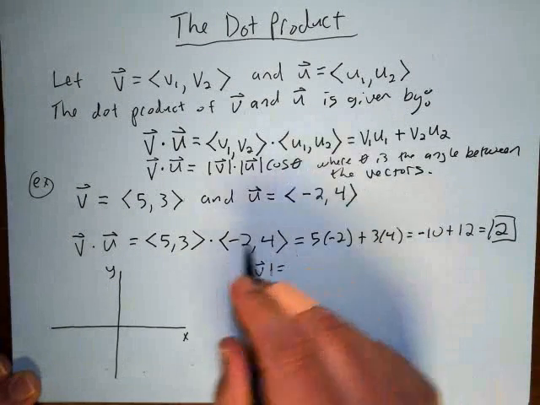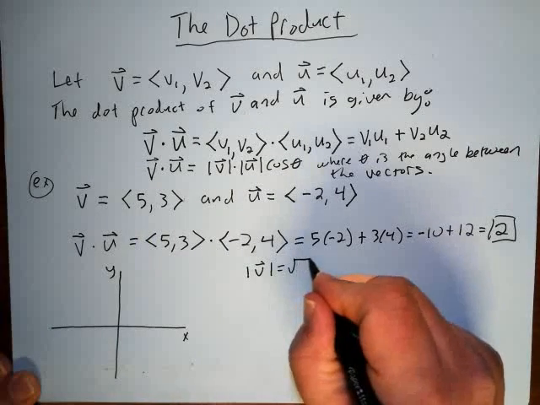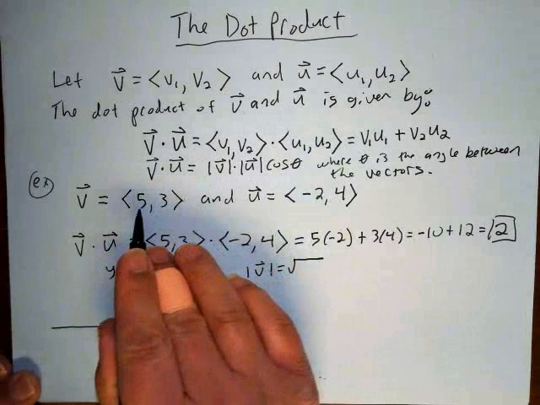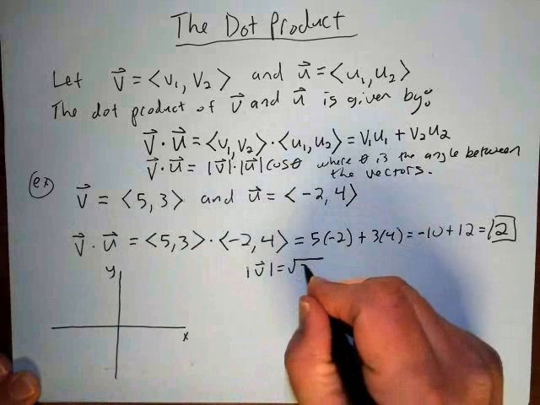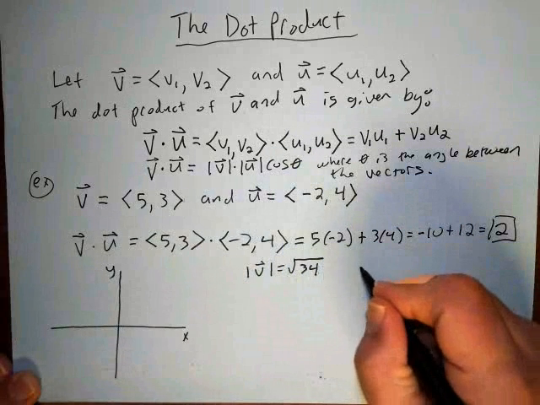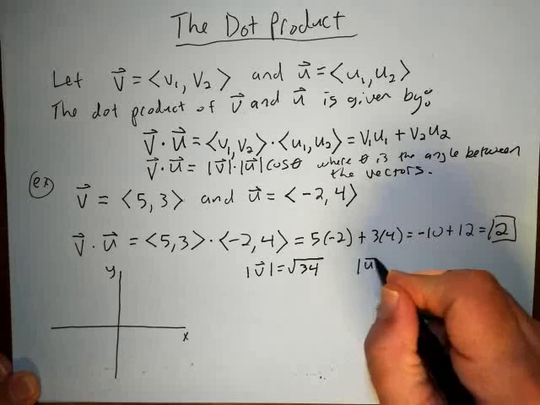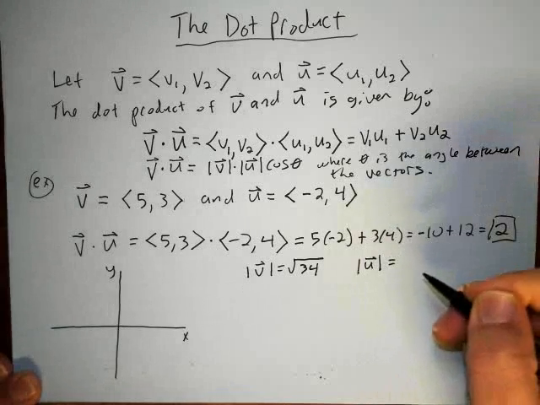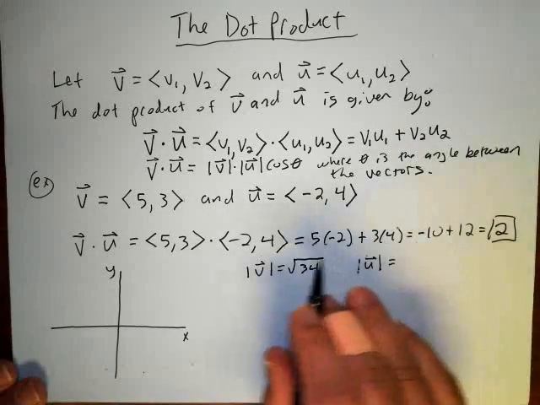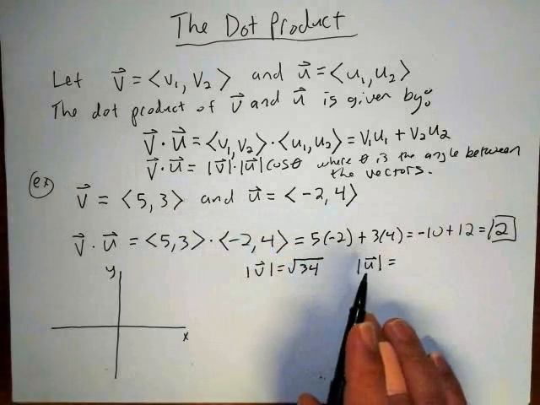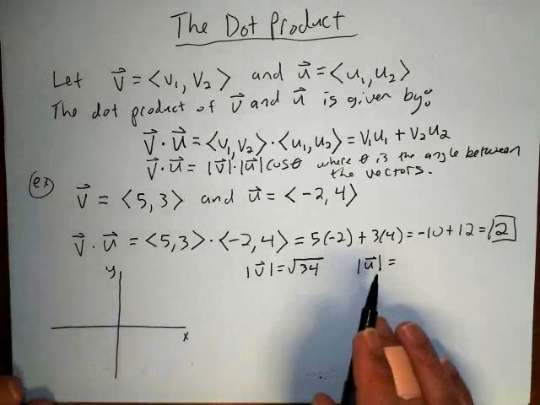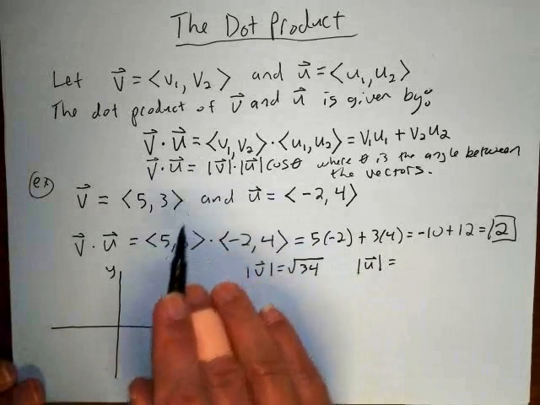So the magnitude of v would be the square root of 25 plus 9, which would be the square root of 34. Okay, and then the magnitude of u is going to equal, where is u?